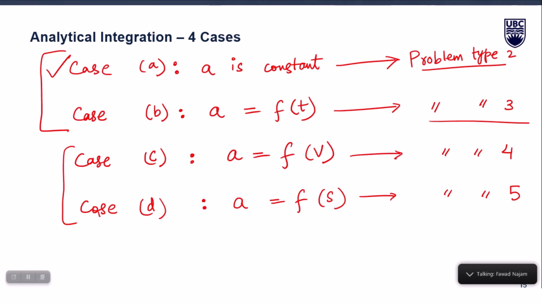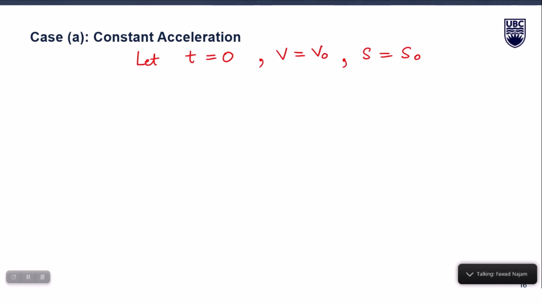So the solution technique should be successive integration for case A and B, and then we can see later how we should deal with case C and D. So successive integration should be done for acceleration, to determine S, because we know equation 1 and equation 2. Equation 2 says that acceleration is equal to dv by dt.